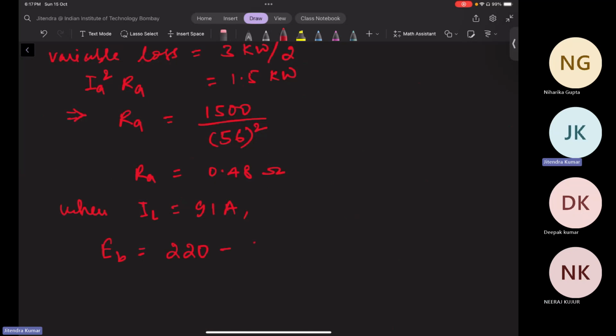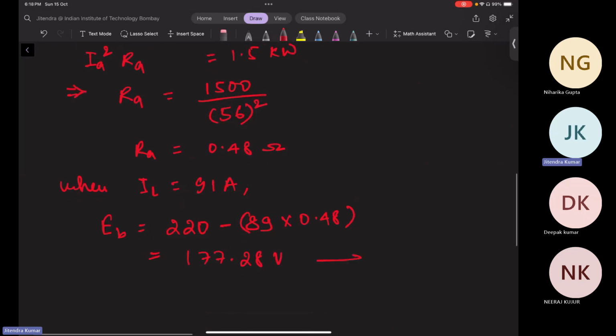Since IL is 91 amps and field current is 2 amps, IA will be 89 amps, into 0.48. So it will give us 220 minus 89 into 0.48, which is 177.28.